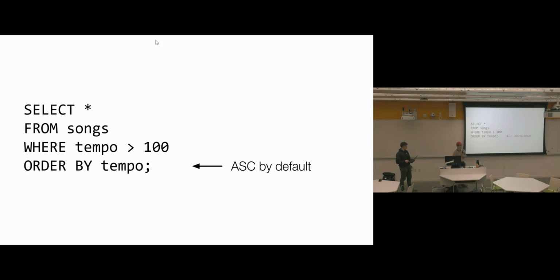Knowing this, and knowing that you can order by whatever, you could do things like get the top 5 fastest tempo songs ever in your database. You could use a combination of both. You could order them by descending and then limit 5, and then it would give you the top 5 fastest songs from anything that matches the criteria on here.